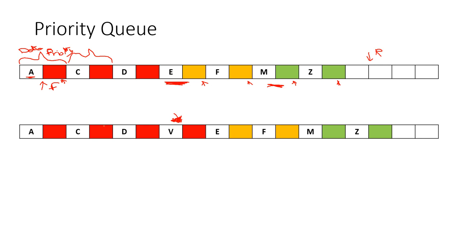The priorities are the same, or they are the highest, so it won't go in front of the A, the C, or the D, because those particular priorities are the same, and the A and C and D were put into the queue first. But when we get to something with a medium priority, we can push the rest of the data items backwards and insert our new one there, because that's where it's going to be in the queue.